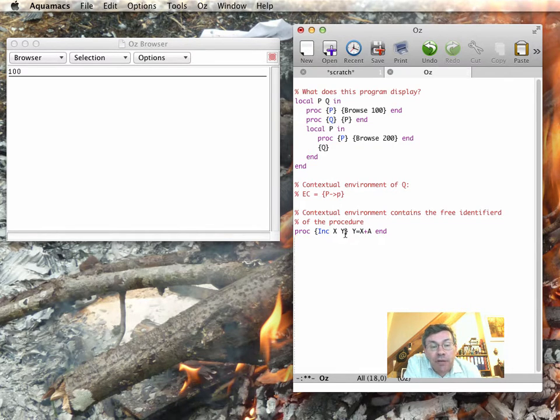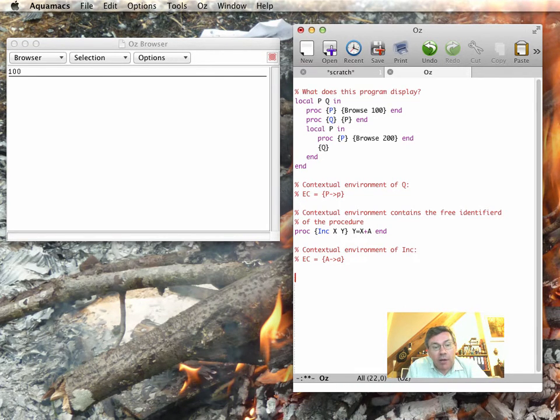In fact, they're not free, they're defined as arguments. But a is used inside the procedure and not defined inside the procedure, so a is free. So the contextual environment of inc is going to be a pointing to a variable, little a, whatever that a is bound to in memory.